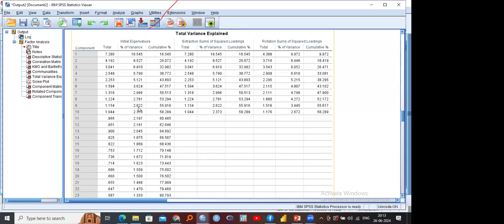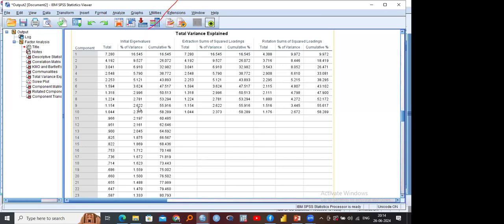That is number 1. Now, what is the objective of this table? As we know, factor analysis is a dimension reduction technique. So what we have to do? We have to first decide that these 44 variables should be reduced into how many dimensions? That is number 1 question. I'm repeating it once again, these 44 variables should be reduced into how many dimensions?